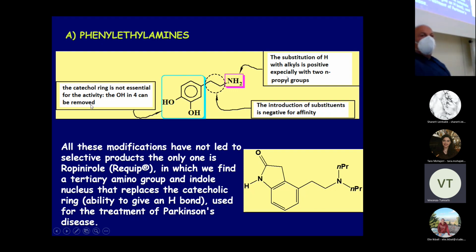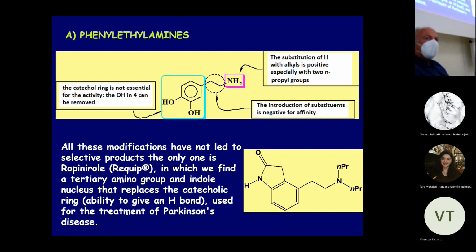What about dopamine? Structure-activity relationships. We start from the amino function. The amino function is too polar, too basic, and it was found that it is possible to add two groups on the amino function, in particular two normal propyl groups, 3 carbon atoms.